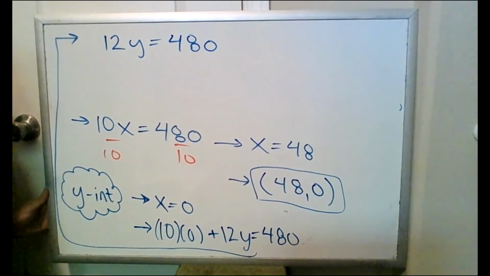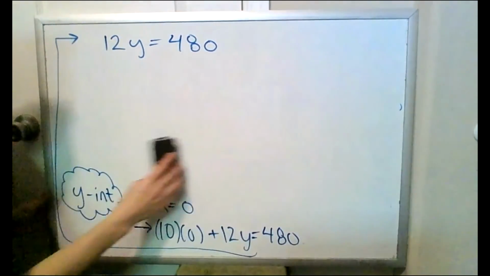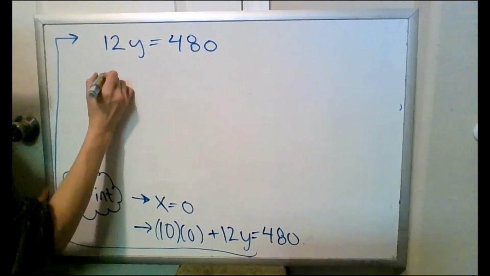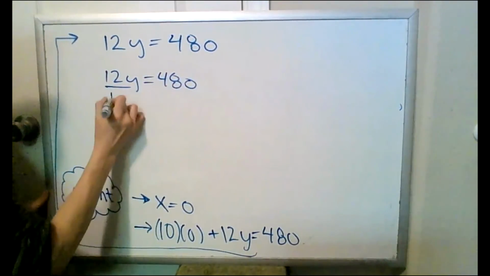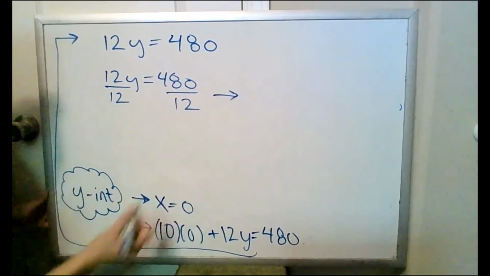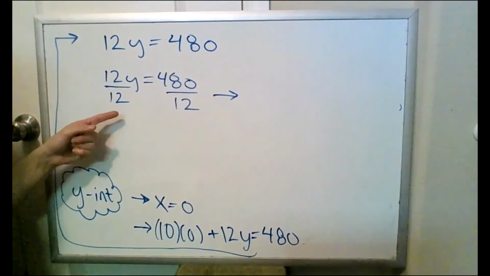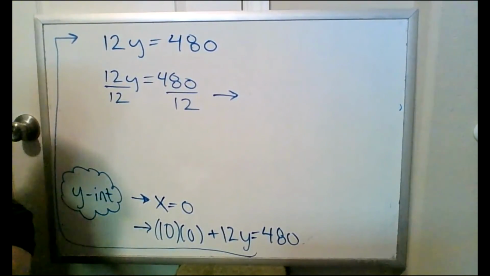Divide each side by 12 and solve for y. On this side we've got y, and 480 divided by 12 turned out to be 40.